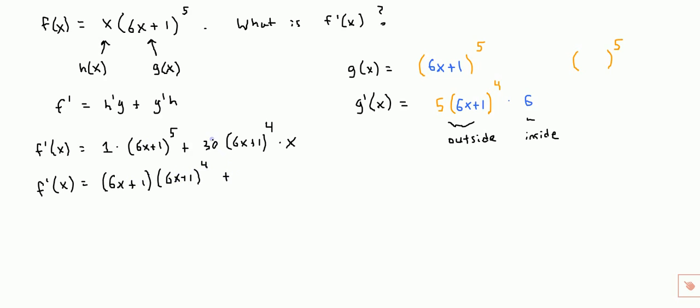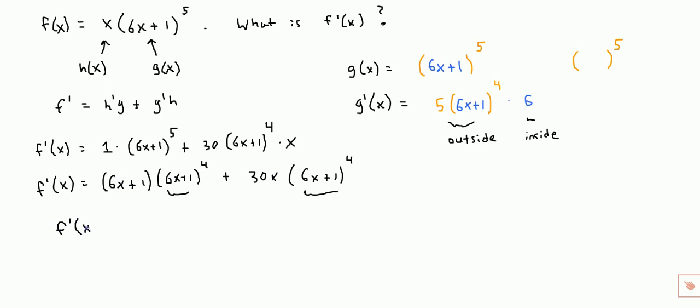Plus, okay, so 30 times x times (6x plus 1) to the fourth. Now these terms are the same, right? (6x plus 1) to the fourth, (6x plus 1) to the fourth. So we can add what's to the left of them.